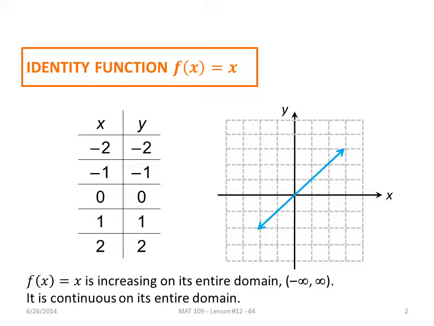All straight line functions that have slope will have a domain of -infinity to infinity. They will also have a range of -infinity to infinity. This function is continuous. What that means is there are no gaps in the function. Every point connects to another point on the graph.